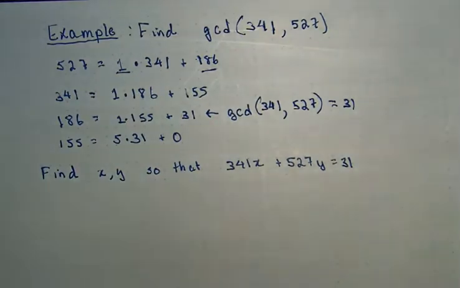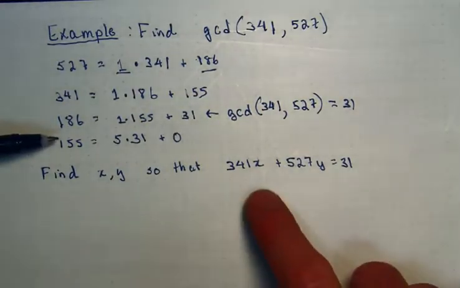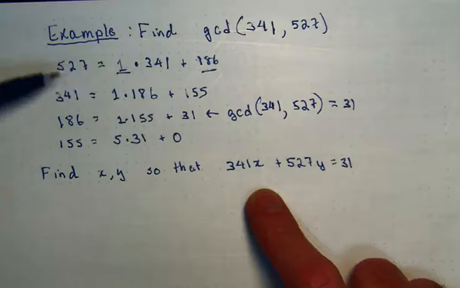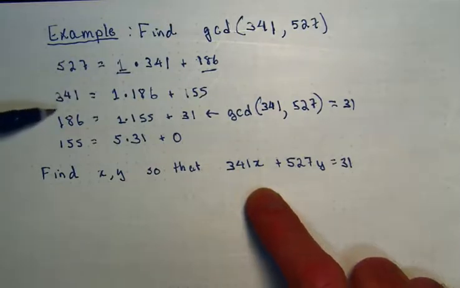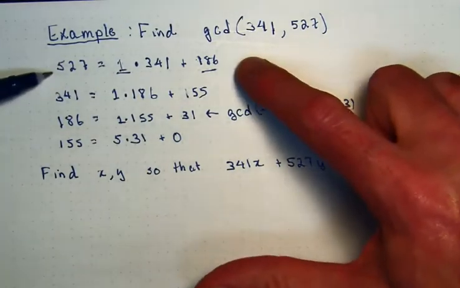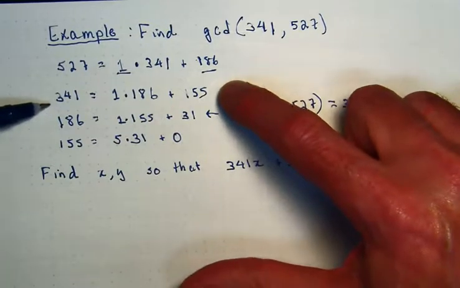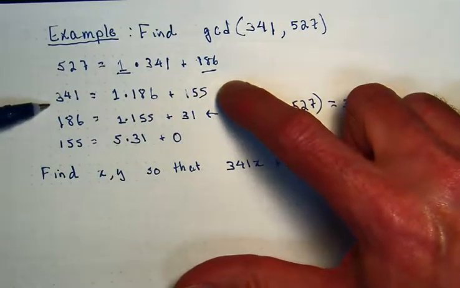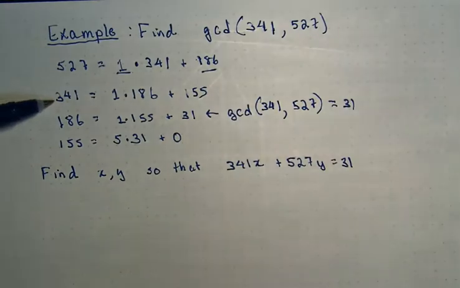And if you remember, the steps that we performed in the Euclidean algorithm are what we use to figure out these numbers x and y. And the strategy was to rewrite each line so that it depends only on 341 and 527.